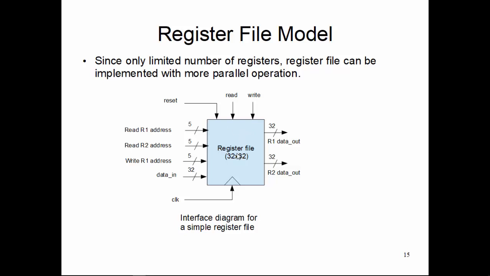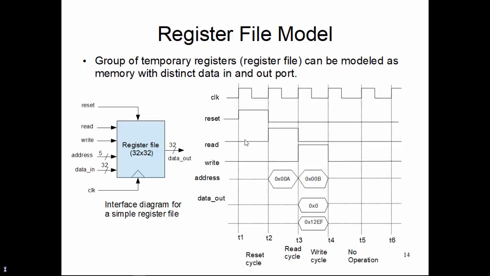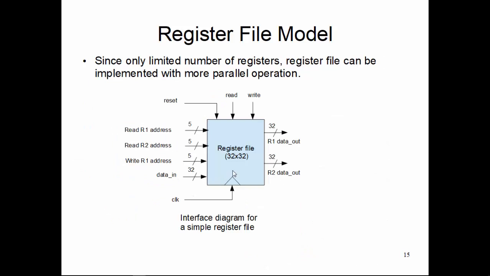So here we are now transforming from a simple register file to a slightly more complicated one, where we can do two read operations in parallel. I can read out two of these rows together in one clock cycle.